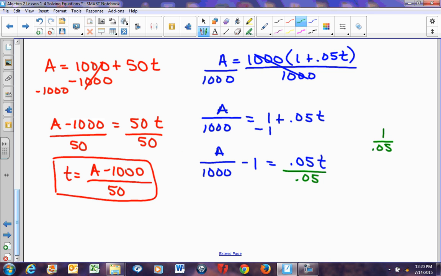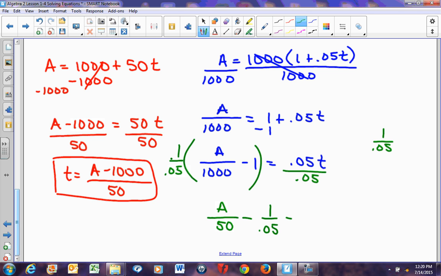So I'm going to take this entire thing here and I'm going to multiply by 1 over 0.05. So the A stays on the top. If I take 1,000 and multiply by 0.05, I'm going to get 50, minus 1 divided by 0.05.